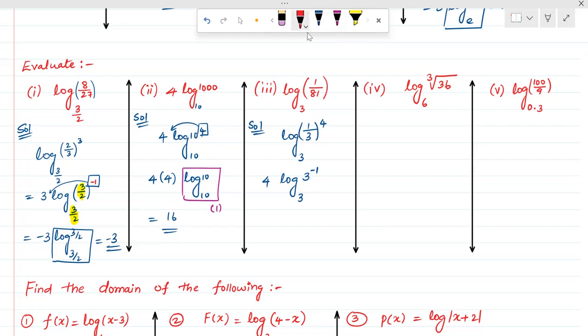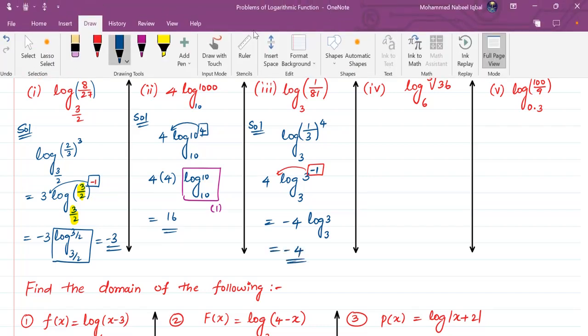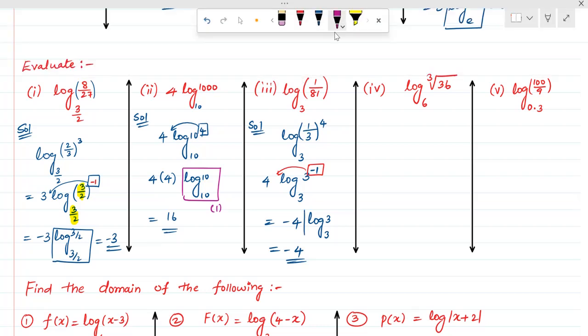Now the same thing, I will adjust as per the base, because I need the base 3. So here we will have minus 4 log 3 base 3. Since log 3 base 3 is equal to 1, the answer is minus 4.